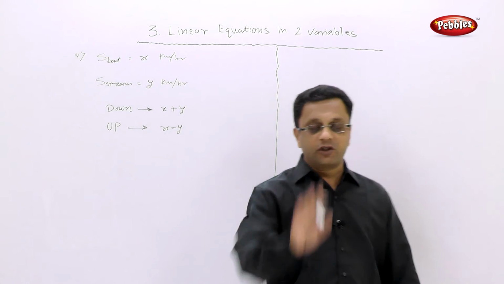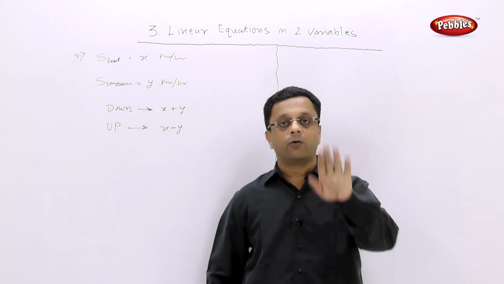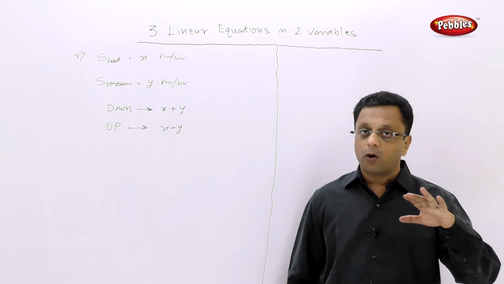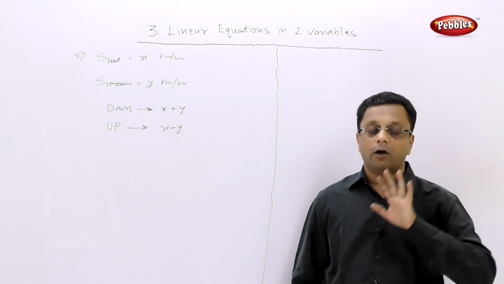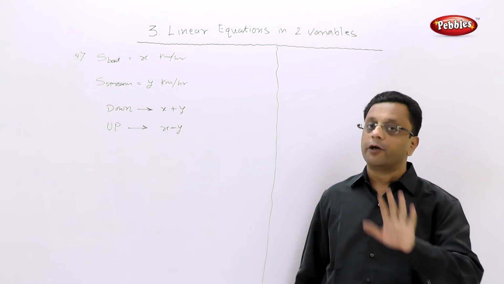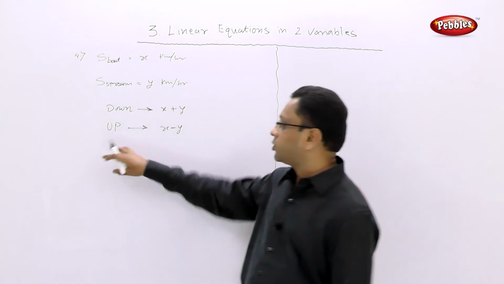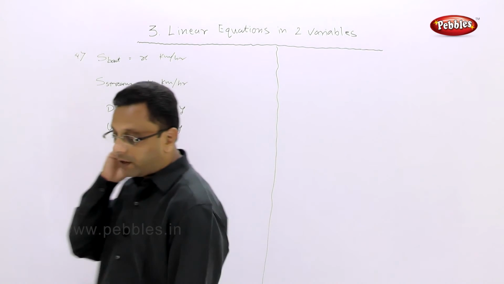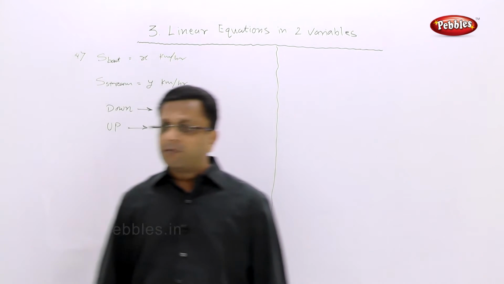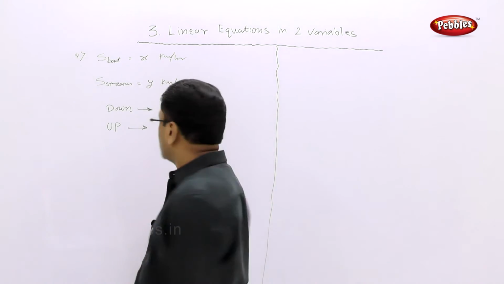When it is going upstream, that means against the flow of the current, the water will obstruct it and the speed will reduce. So that will be x plus y when downstream, and x minus y when upstream, right? What is the time taken? Time is the distance upon speed.